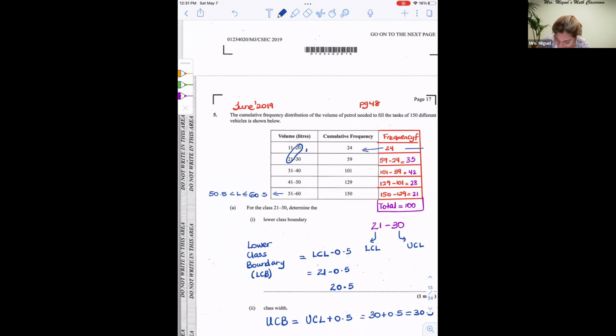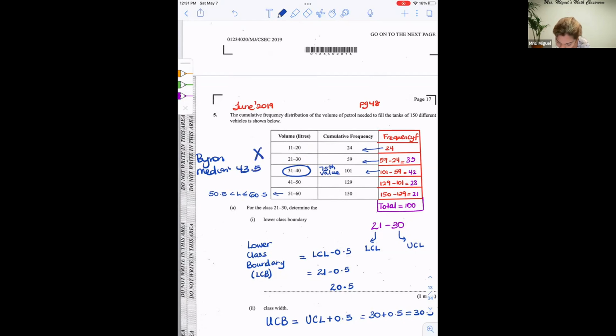24, then we add 35, we will get 59. Did we reach number 75 as yet? No, miss. Right. So if we add 42, we will get number 75 here. So the 75th value would lie somewhere in this interval. But Byron estimated the median to be 43.5.